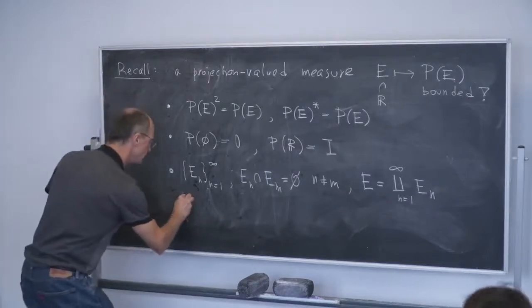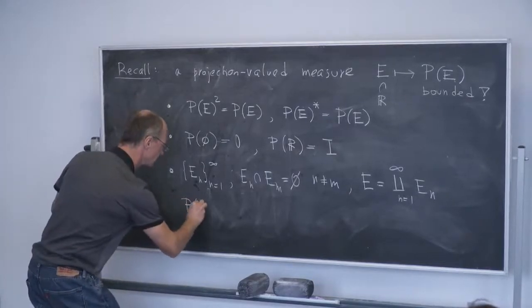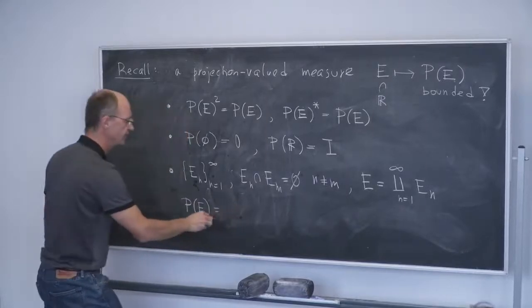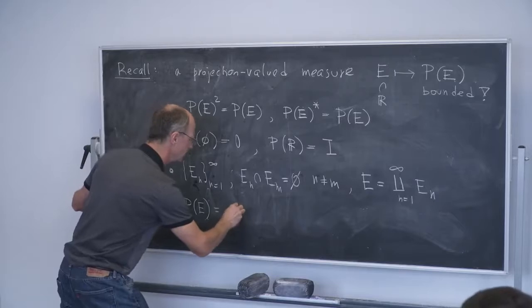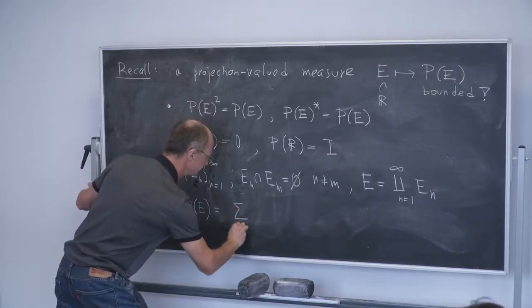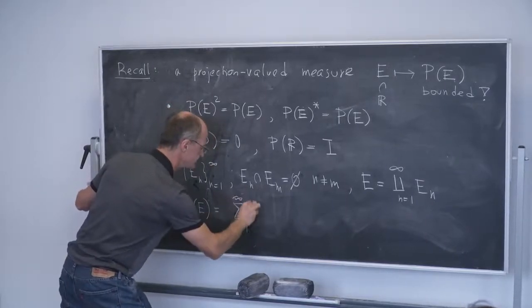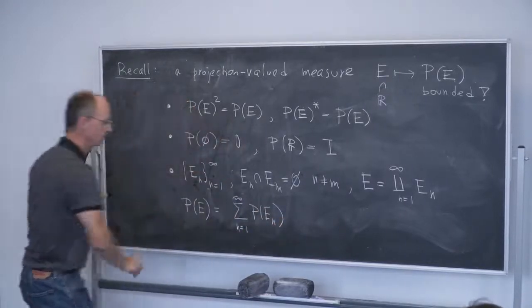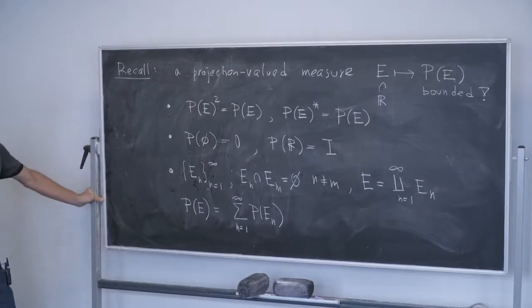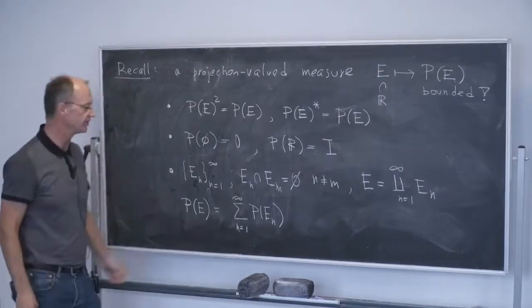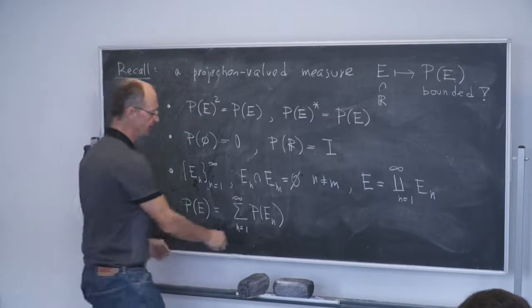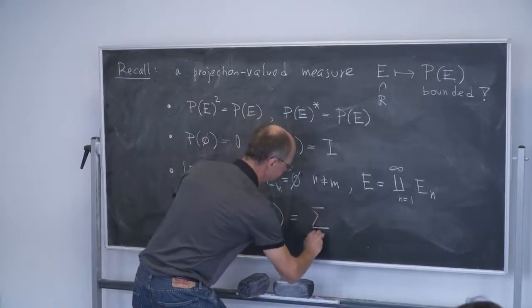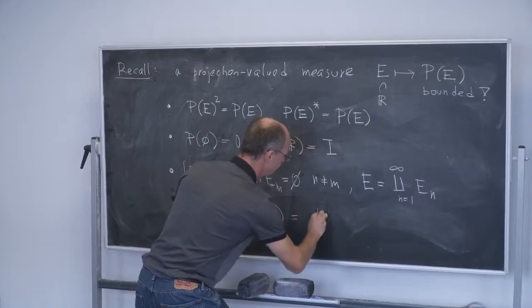So then we say that P of E is the sum, the infinite series, of P of E_n's. Or let me write it in a slightly more detailed way.